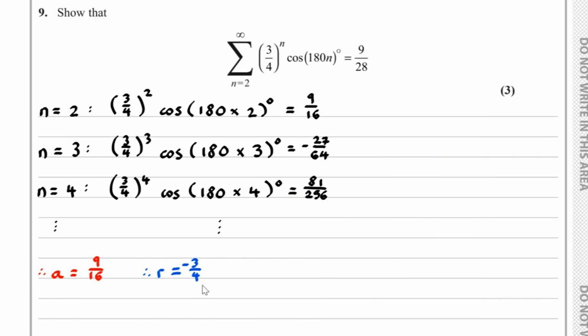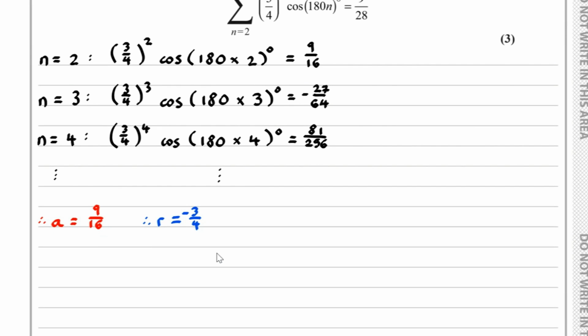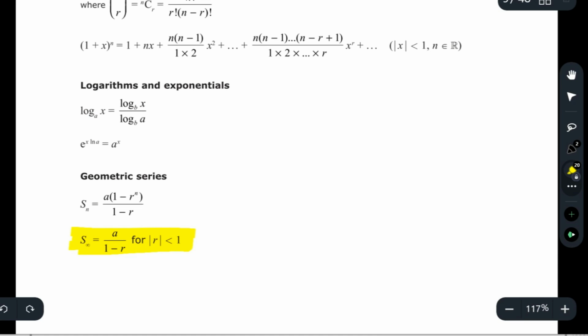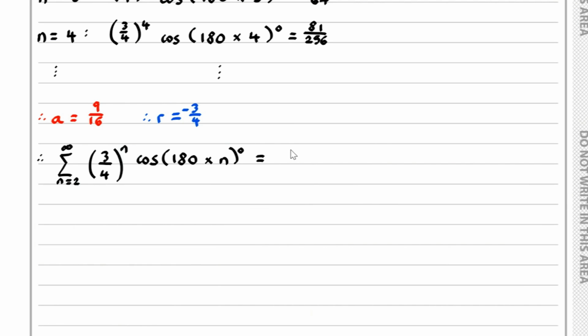And knowing what our first term is and what the common ratio is, we can therefore conclude that the sum from n equals 2 to n equals infinity of 3 over 4 to the power of n times by the cosine of 180 times by n degrees, that's equal to, using the geometric series we mentioned here, 9 over 16 divided by 1 minus r.